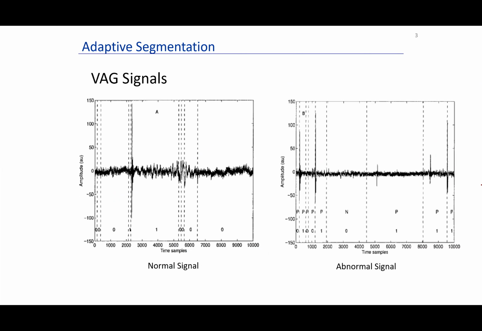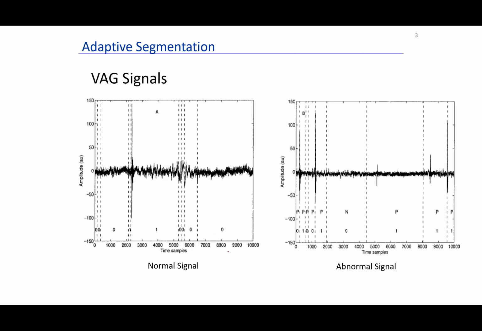This is how a VAG signal looks after going through the process of adaptive segmentation. The main reason to do adaptive segmentation is to overcome the difficulties associated with fixed segmentation. The signal on the x-axis is of 4-second duration.